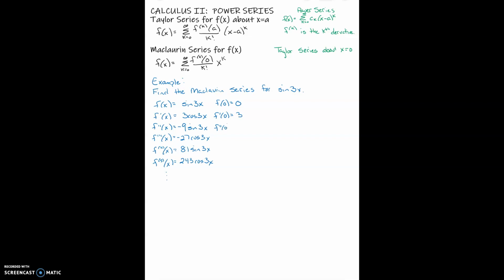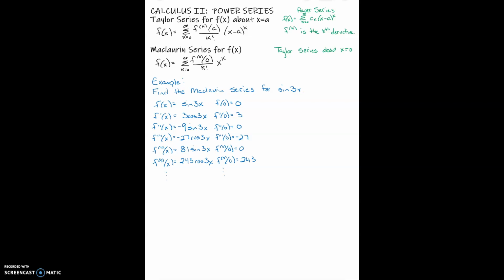Second derivative at 0, we end up with sine of 0 again, that gives us 0. Third derivative at 0, we end up with negative 27. The fourth derivative at 0, we get 0 again. The fifth derivative at 0, we get 243. And again, we'll stop there.